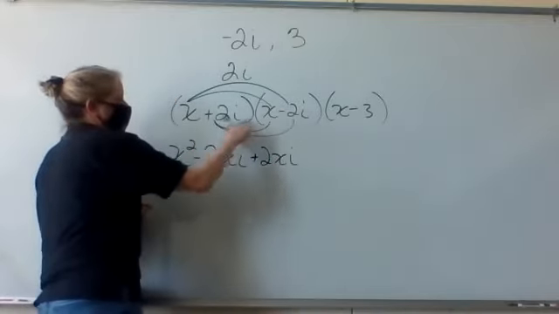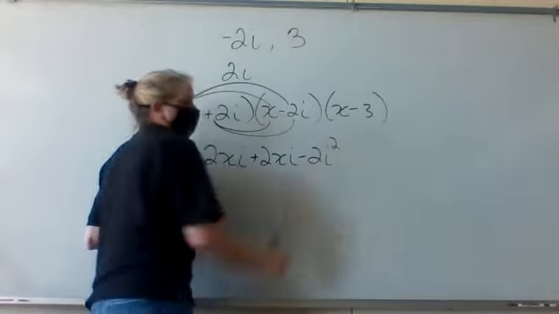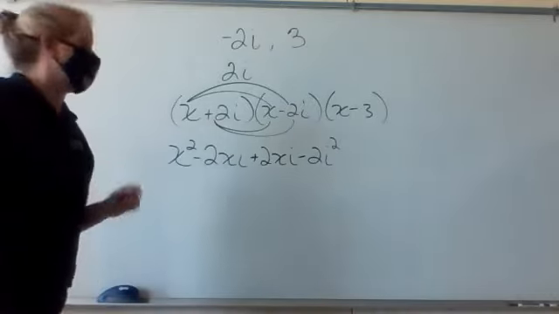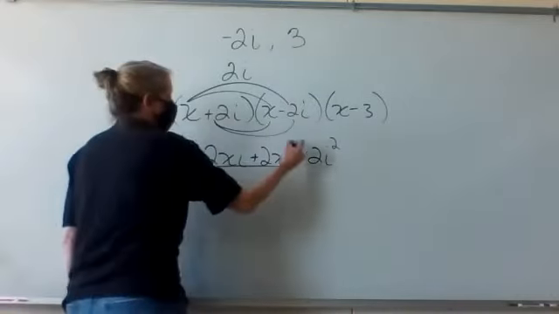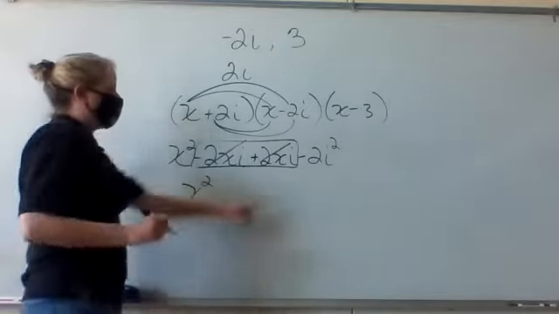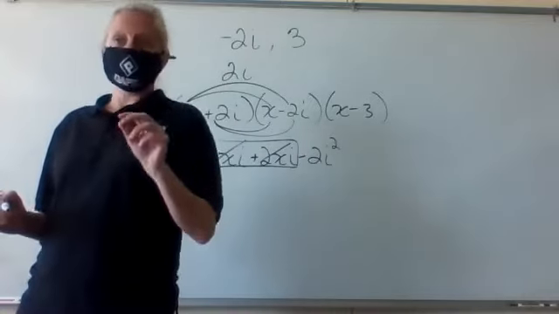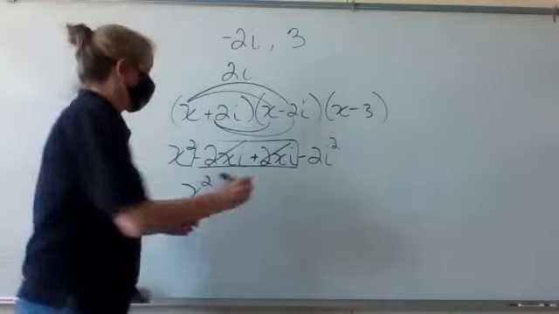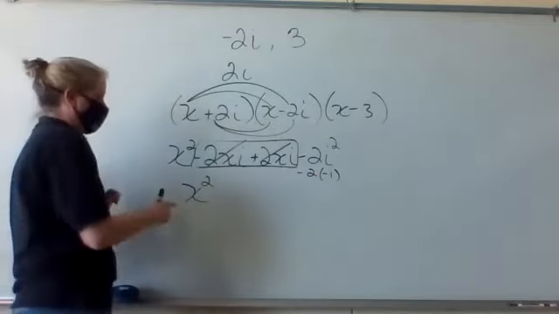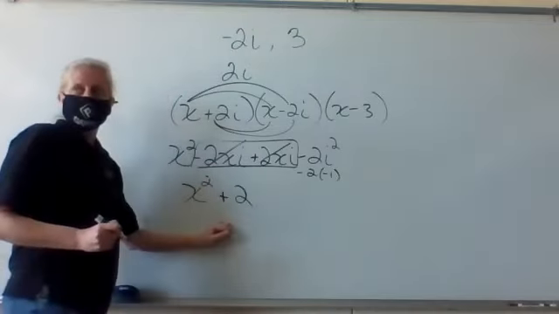And my last, positive 2i times negative 2i gives me negative 2i squared. But it does clean up nicely, because what happens to the middle two terms? They cancel. So here I've got x squared. Now remember, i squared is always equal to negative 1. So this really says negative 2 times negative 1, which really makes this x squared plus 2.